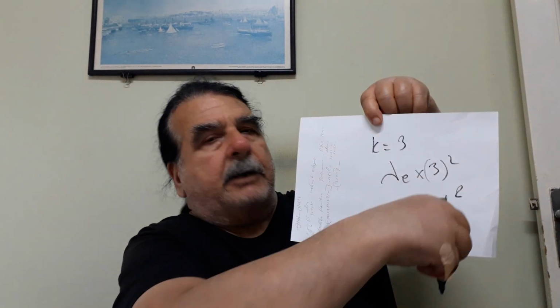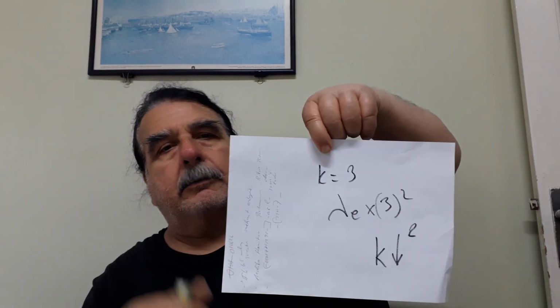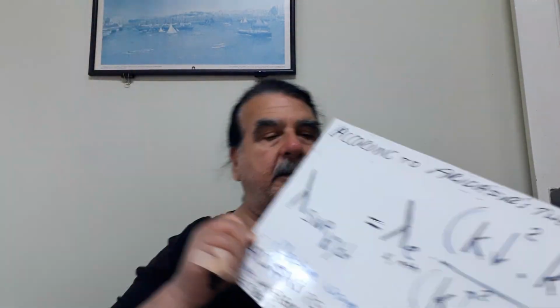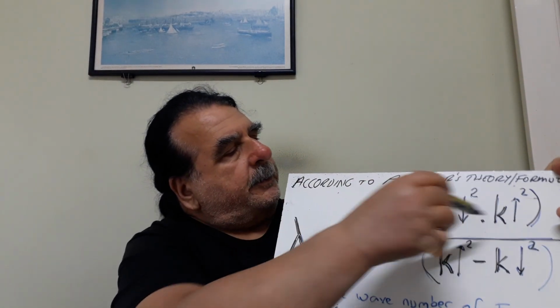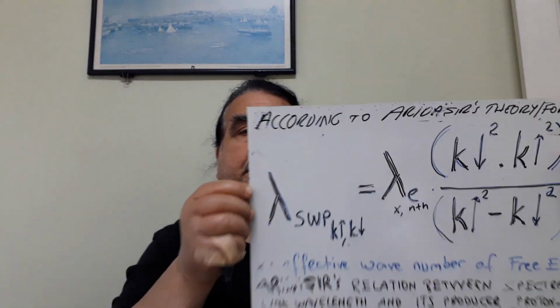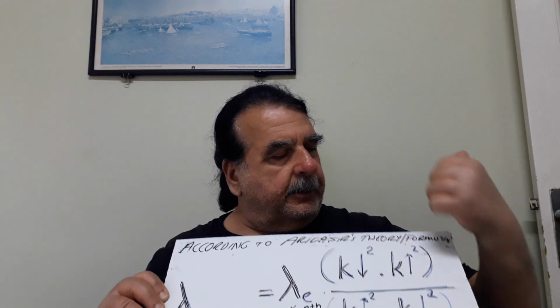This time the wave number decreases through 1, and I show the decreased wave number as downside arrow with K, okay. Downside K represents a smaller K number, wave number. Upside K, greater wave number.